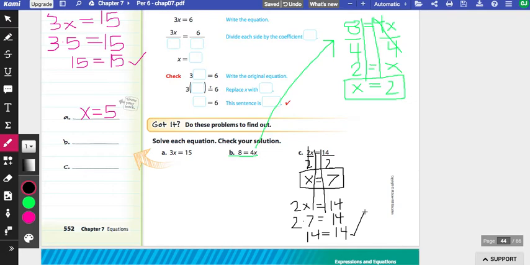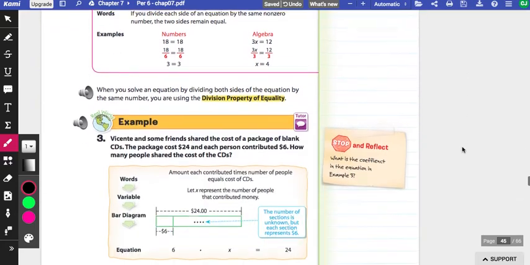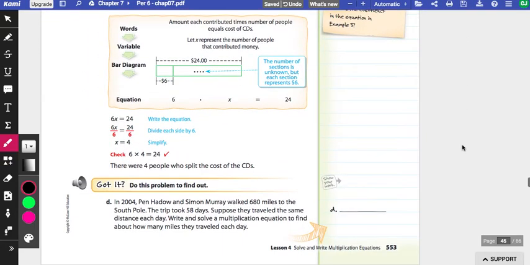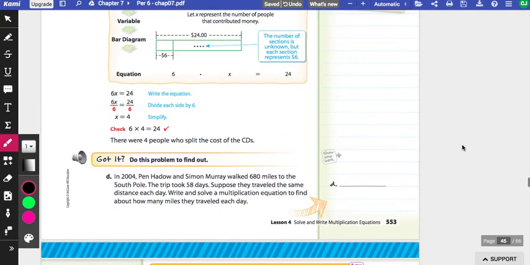So now that we're pretty fluent in solving these one-step multiplication equations, let's practice changing our algebraic phrases to our algebraic expressions.